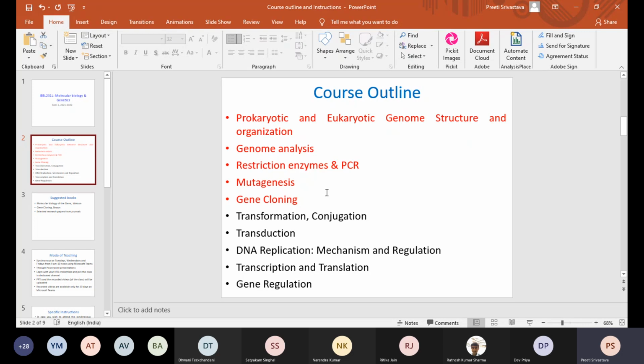The various modes of replication like theta mode and rolling circle mode, the mechanism, and then most important is the regulation of replication. So how a bacterial cell doesn't keep indefinitely replicating. I mean, why the chromosome makes 1 to 2 copies, why it doesn't keep firing and keep making more and more copies.